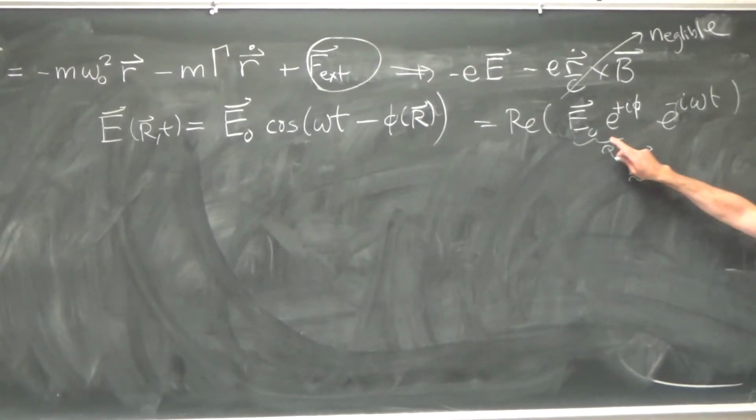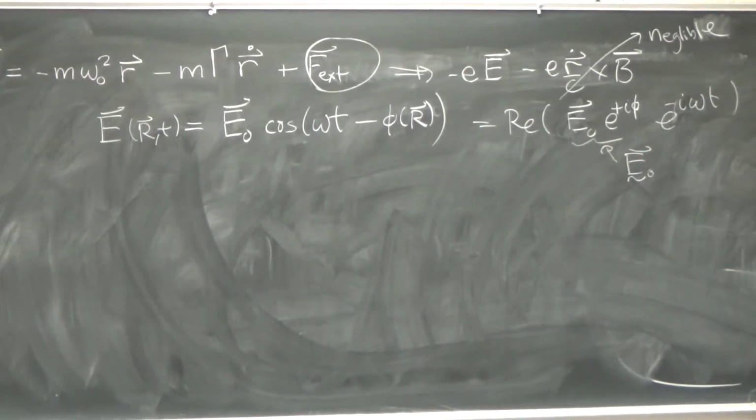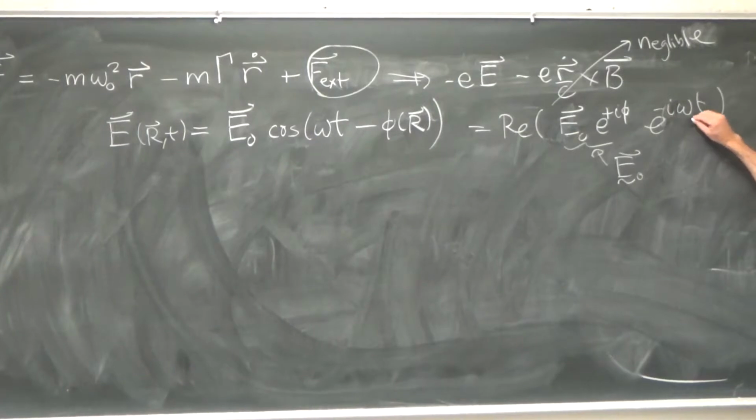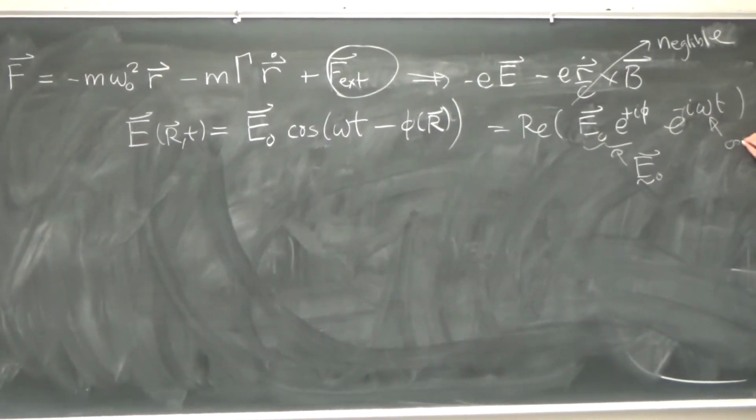So that's the phase at the position of the atom. And omega is the oscillation frequency of the field.